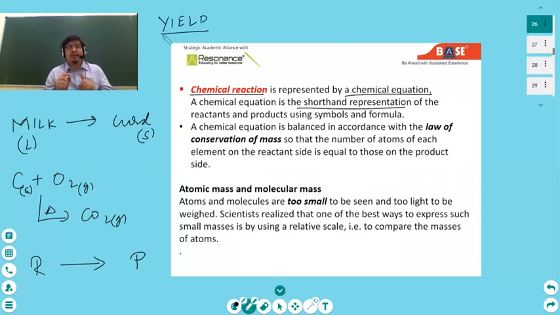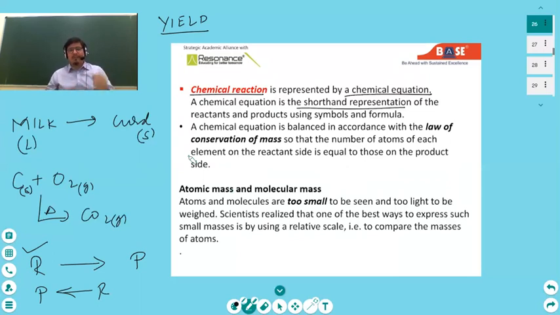This also tells us the direction in which reaction takes place, from reactant side to product side. You can write product here and reactant here, that is also possible, but by convention we follow this. So a chemical reaction is represented by a chemical equation, and a chemical equation is the shorthand representation of reactant and product using symbol and formula.